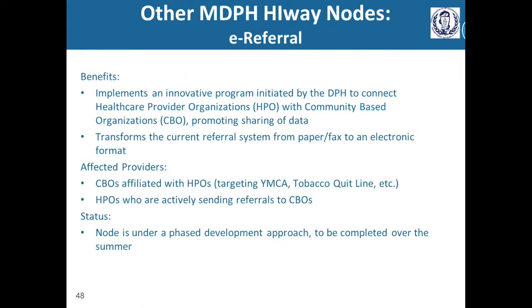And if you want an example of the types of health provider organizations we're talking about, it's things like the YMCA or the Tobacco Quit Line, working together with community-based organizations. And these are people who currently use paper, mail, or faxes. And if they're going to be able to send data securely to each other, back and forth, I think that's going to be amazing.